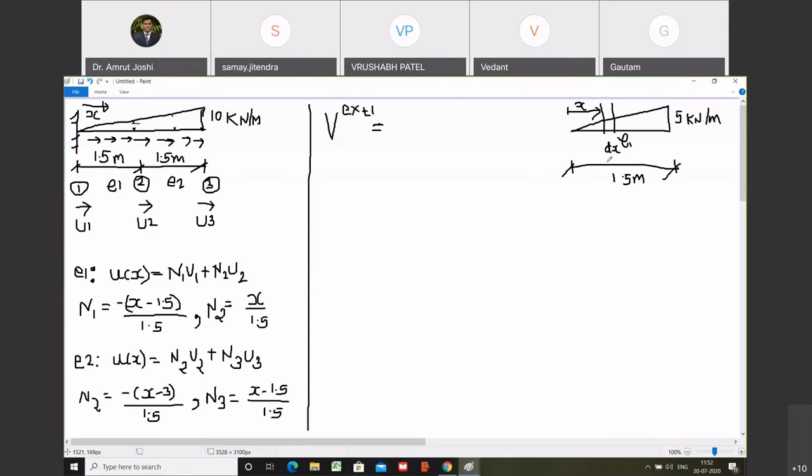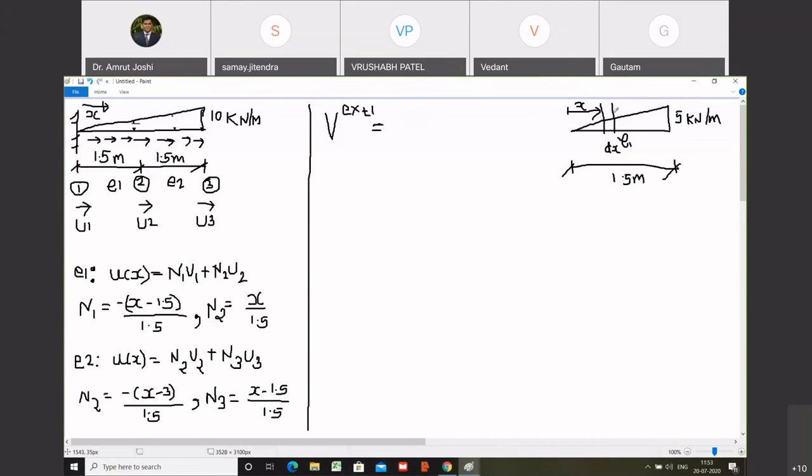Dx should be so small that I can assume the value of x directional deformation u of x to be constant. Are you with me? Yes. So there are two things. One, u can be assumed to be constant over dx, and second, the intensity of axial loading can be assumed to be constant over this dx.